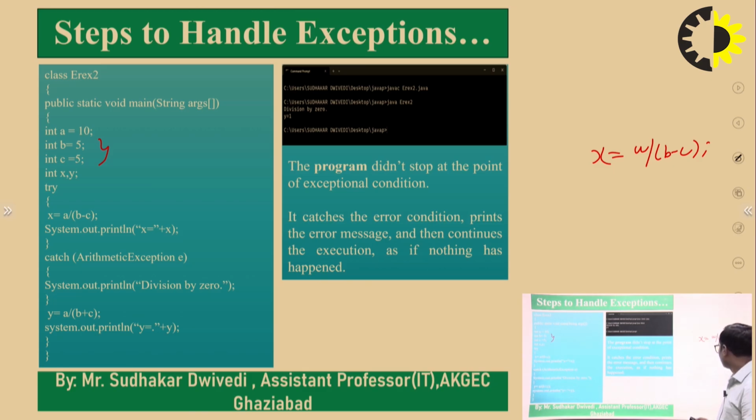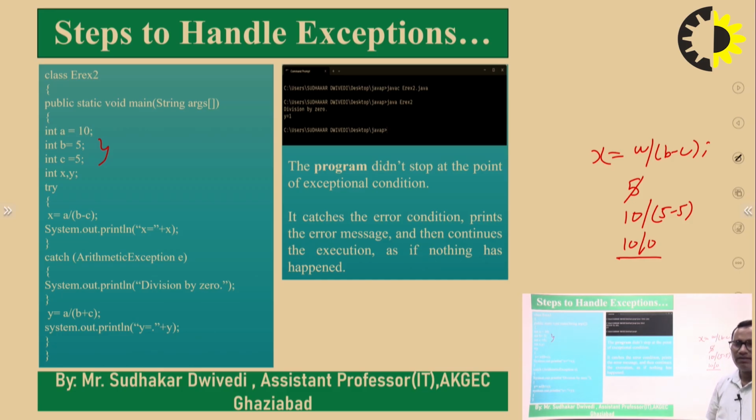The value of A is 10, and the values of B and C are 5. So what will happen? 10 divided by 0. It is division by 0, which is not logically correct.